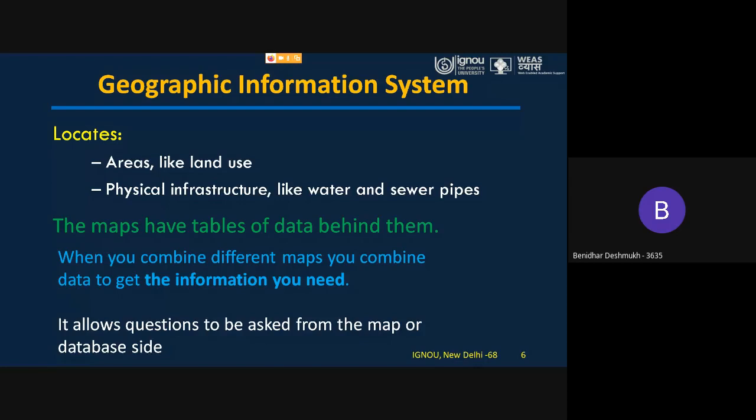I'm talking here particularly about urban infrastructure, such as water and sewer pipes, etc., that can be mapped and located on a map.